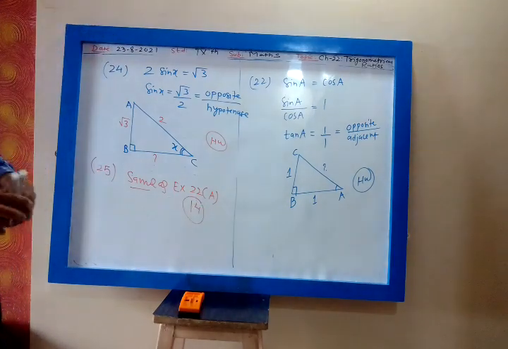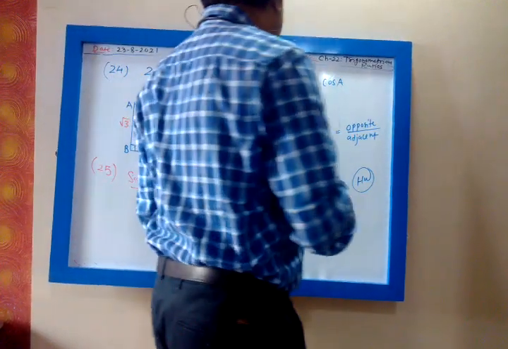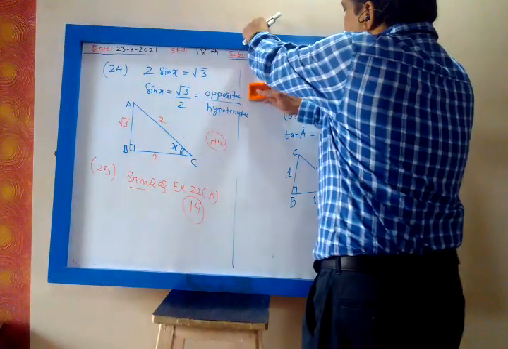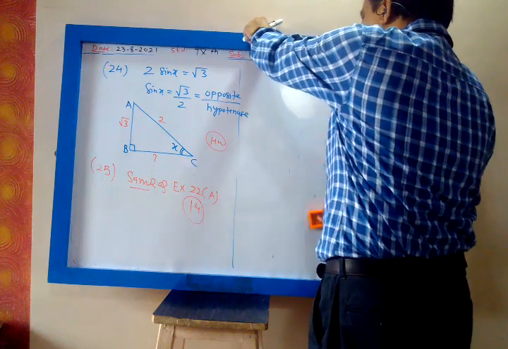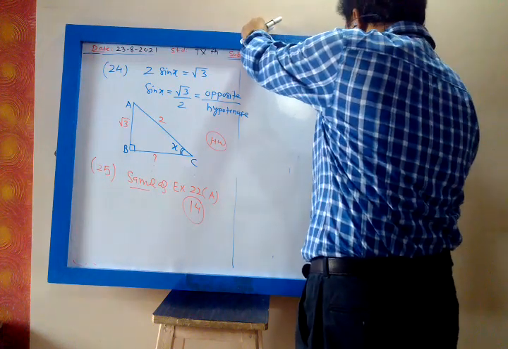You are given two angles, sin A and cos B. Two different triangles you have to draw. So 25th is same as 22A 14.